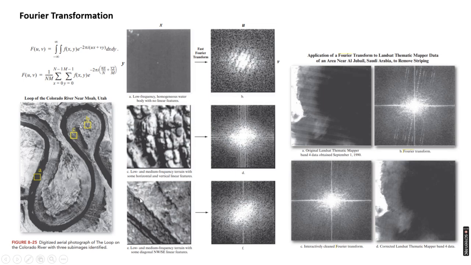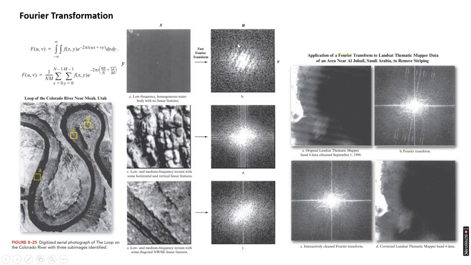If we see the third image, it has sharp edges going in the northwest and southeast direction, which is a linear feature, the terrace boundaries. So in this transformation, we are converting our image from the spatial domain to the frequency domain.